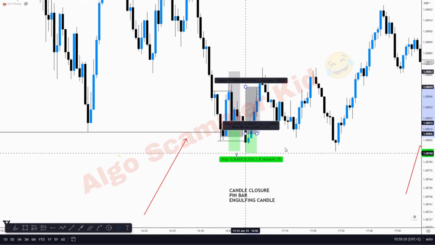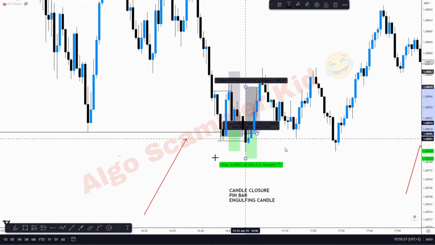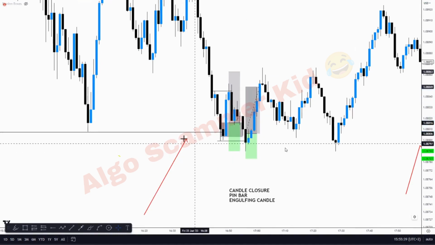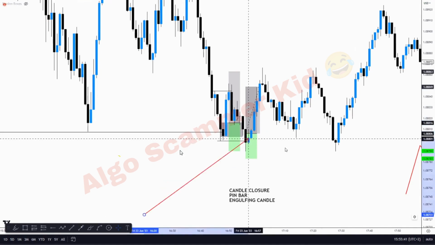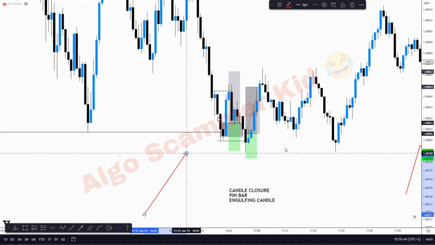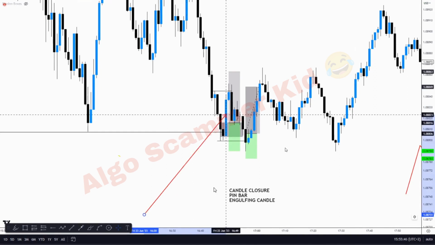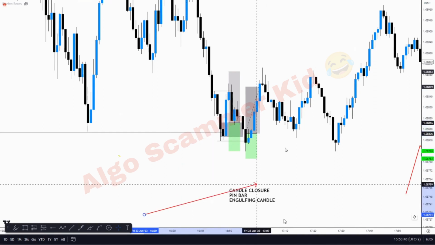Set my stop loss to 2.5. Or I can enter based off the candle closure. Or if I get an engulfing like this, I can enter. So your entries should revolve around these three.